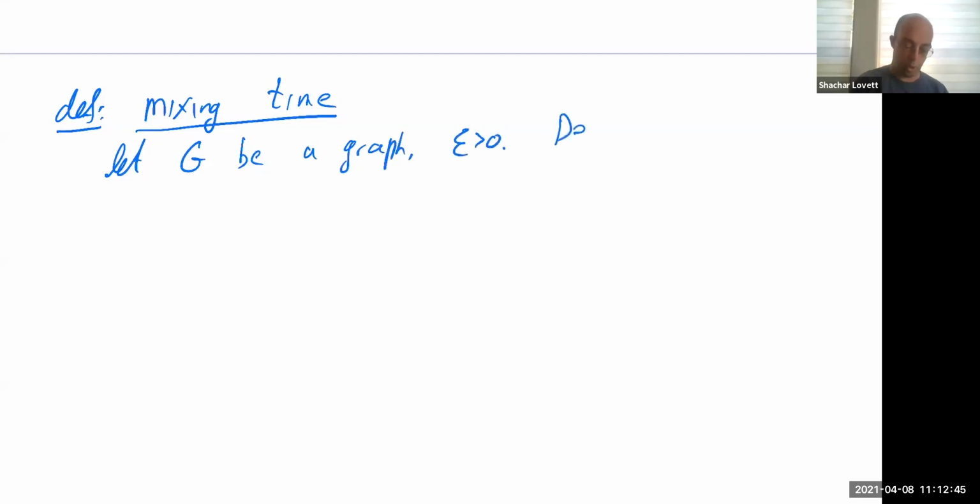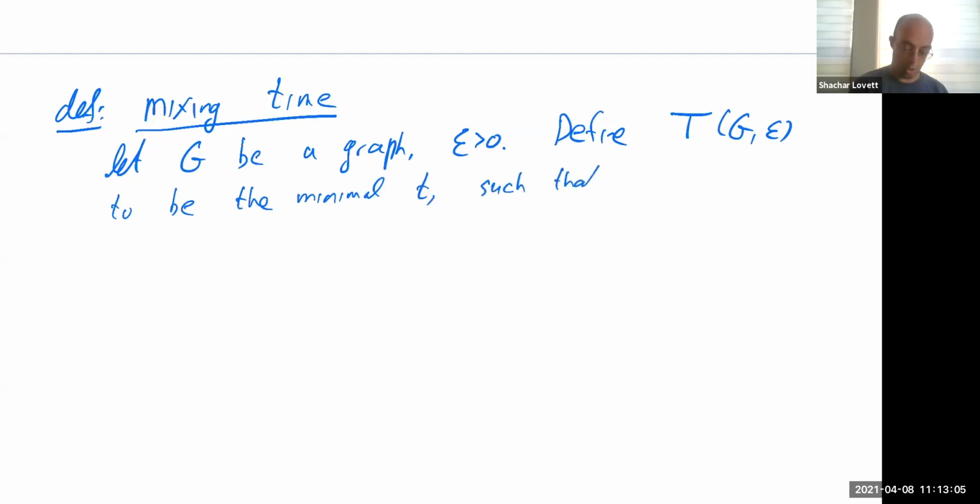So define T of G and epsilon, that's going to be the mixing time of G up to epsilon, to be the minimal T such that the following holds. For any initial distribution pi init.